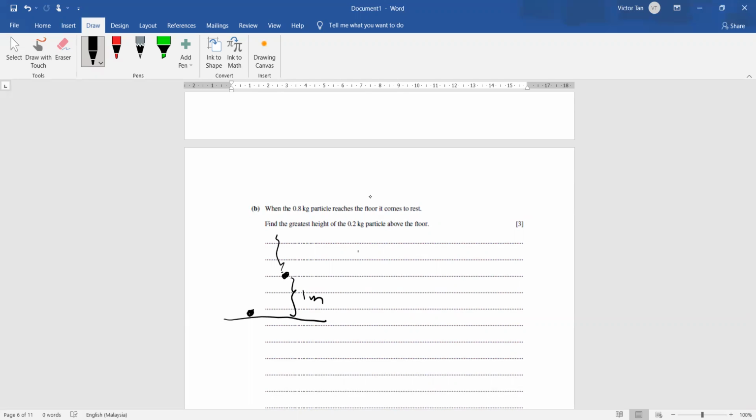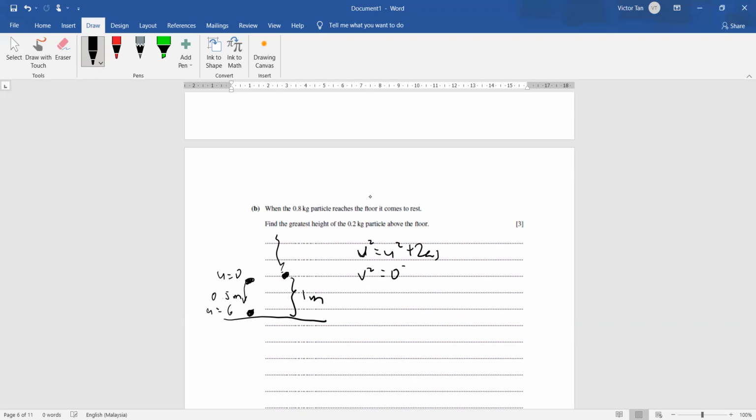So what is the speed when it reaches the floor? The initial speed is 0. This particle falls 0.5 meters, U is 0, A is 6. You want to find V. V squared equals U squared plus 2AS.